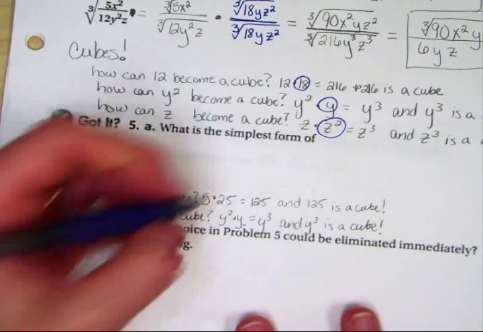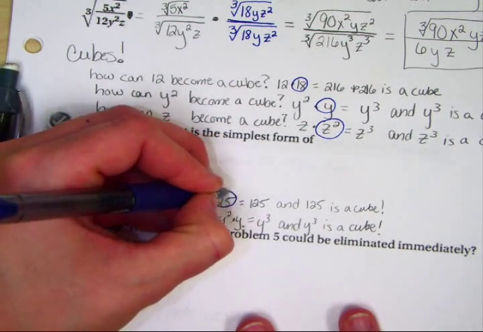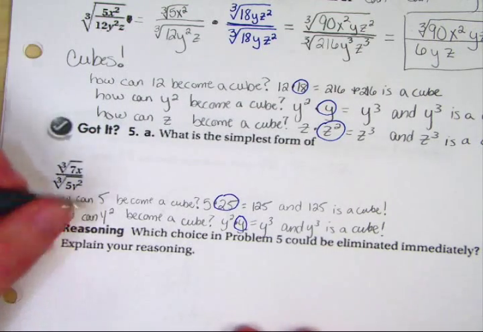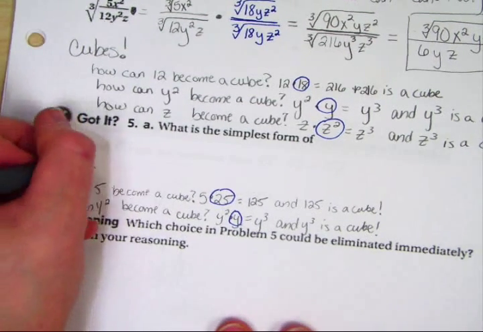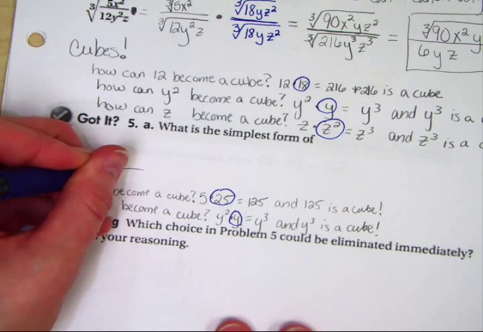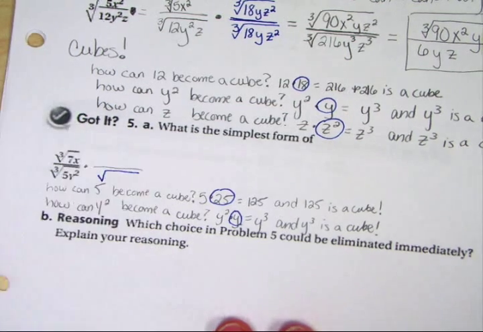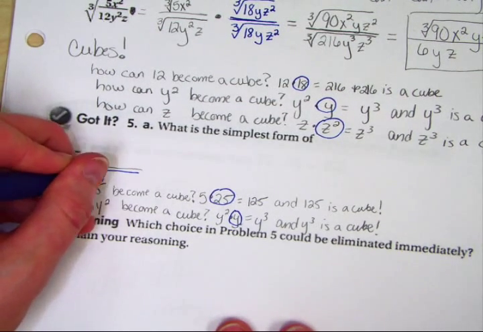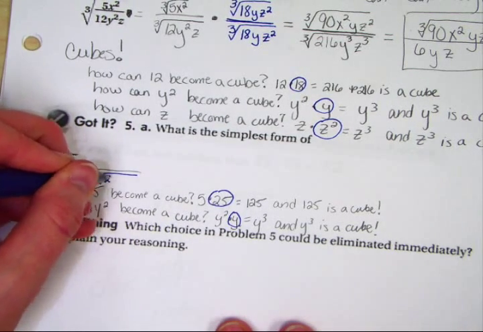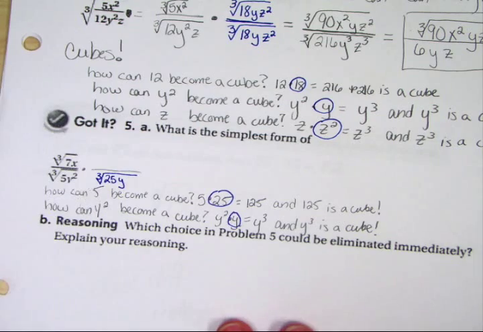So here's what we're going to do. Multiply by 25 and by y. Go up to this problem. Let's rationalize our denominator. The bottom is what we're concerned with to start. We have to multiply by the cube root of these two items, 25 and y.